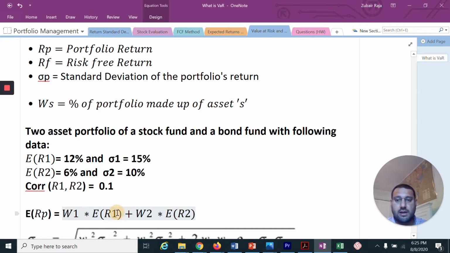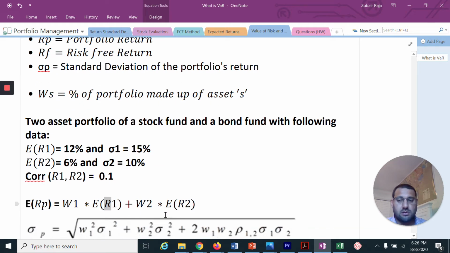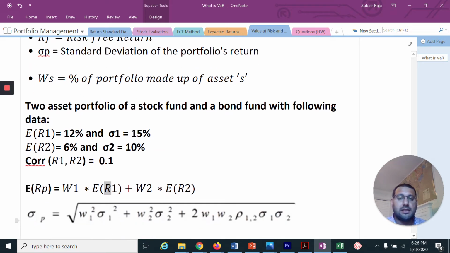So asset 1 is the stock fund, and asset 2 is the bond fund. So we can compute the expected return based on that, and at the same time the standard deviation or the risk of the portfolio is given with this formula.